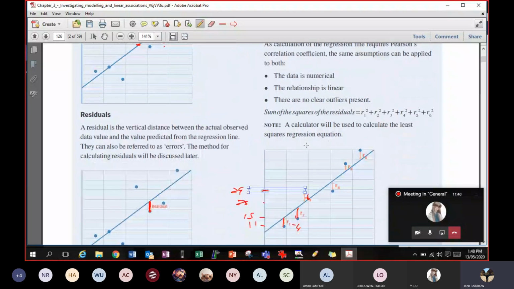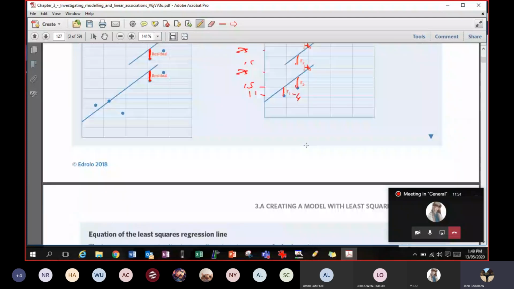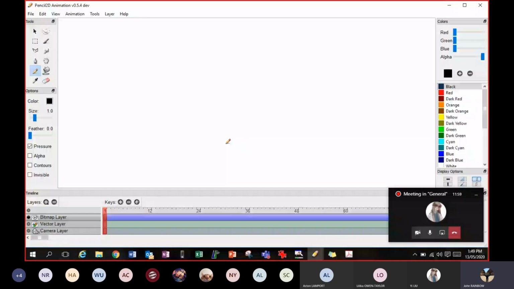So how do we calculate this least squared regression line, and why do we call it the least squares regression line? I'm going to pull up an example, and I really do like this example for you guys to try and get your head around it. Let's just say we've got 1, 2, 3, 4, 5 points, right?